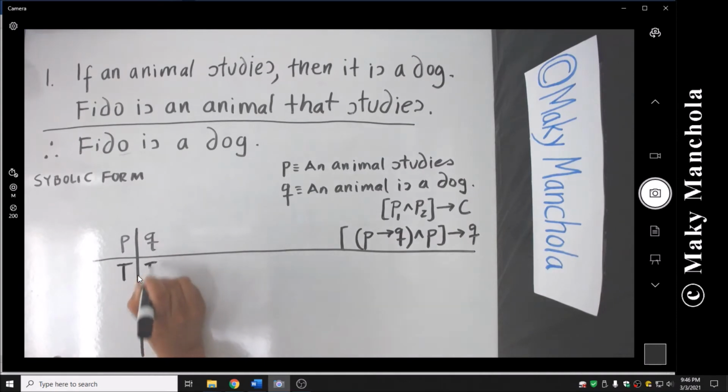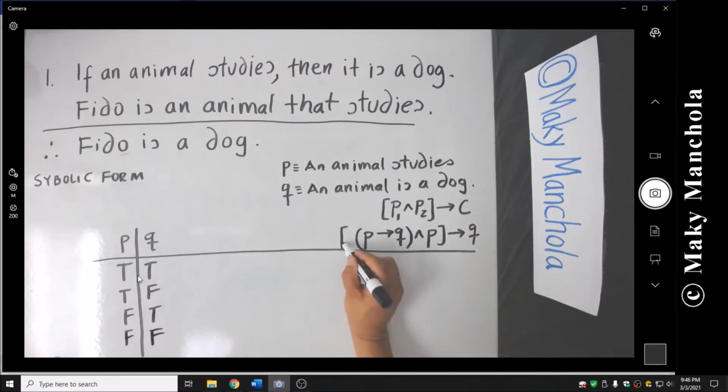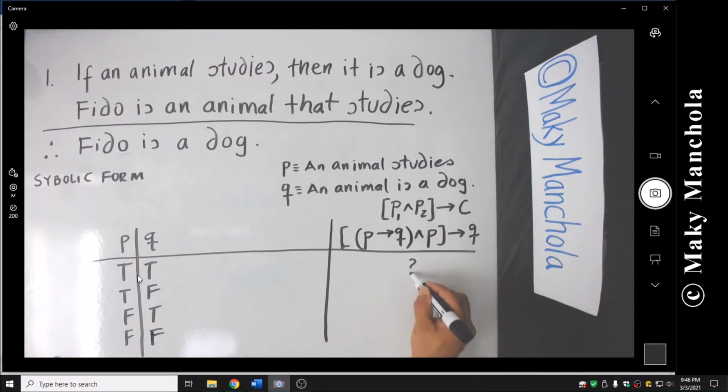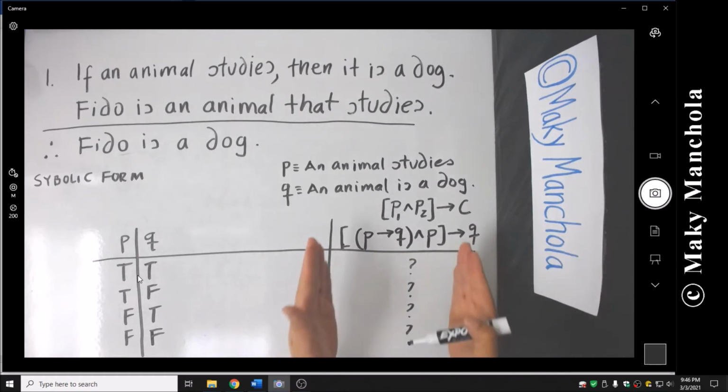True, true, true, false, false, true, false, false. Now, in coming up with the truth values of our conjunction of premises implies conclusion, we need to break this up.